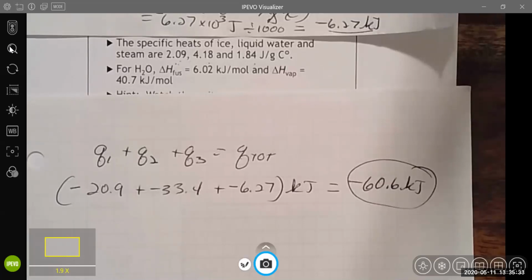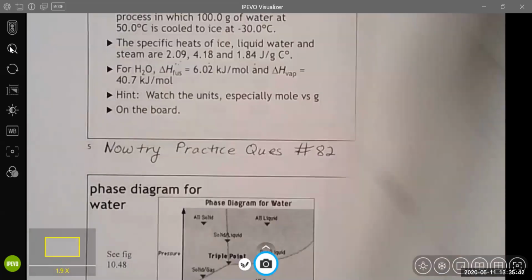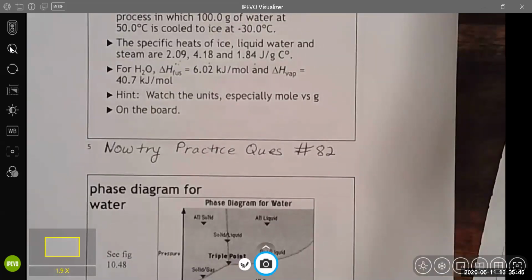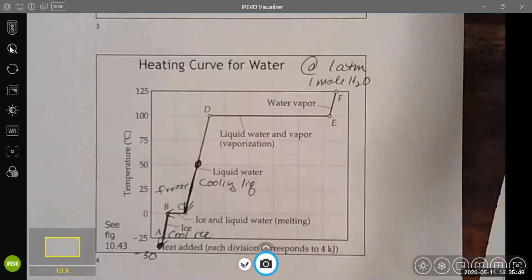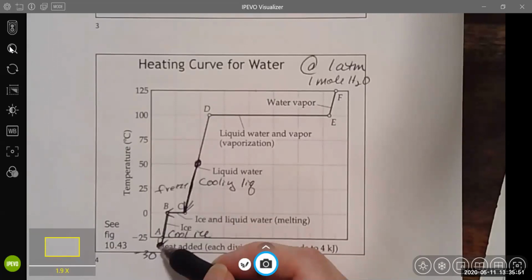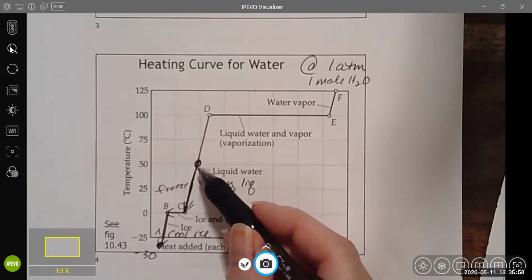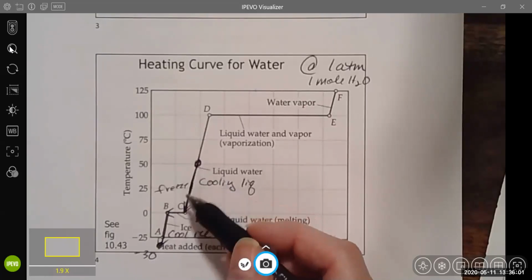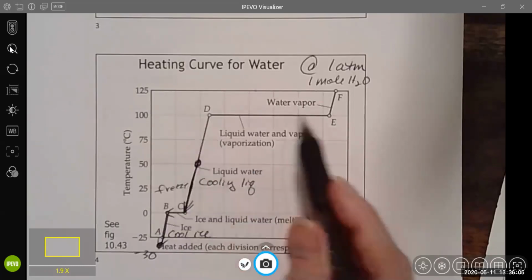So what else, how else can this be asked? This is one problem. If we go back to our heating curve, which is here, I asked you a 3-step problem, 1, 2, 3. And I was going in the negative direction. I could ask you the same problem in the positive direction. You'd get the same answer, but it would be positive. I could ask you a 5-step problem, 1, 2, 3, 4, 5.